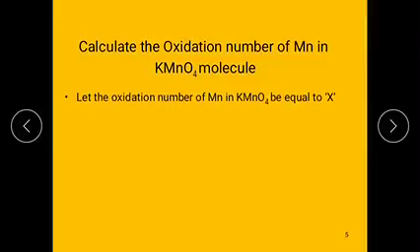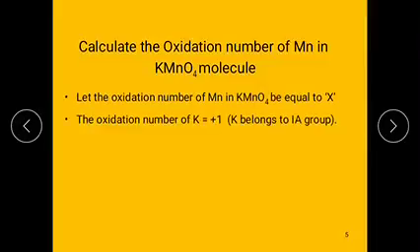Let the oxidation number of manganese in KMnO4 be equal to X. The oxidation number of potassium is +1, that is, potassium is a first A group element. And next, the oxidation number of oxygen is here -2.